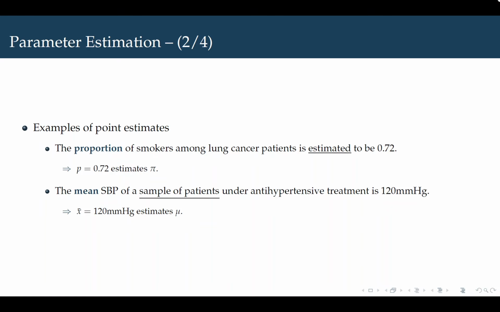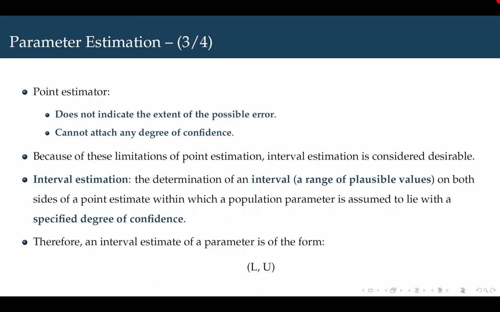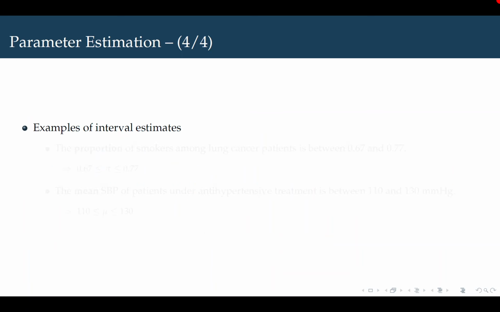Therefore, instead of point estimates, it's better to consider an interval estimate, and the process is called interval estimation, just finding a certain range of values within which our parameter of interest is going to lie. So now let's consider examples of interval estimates.